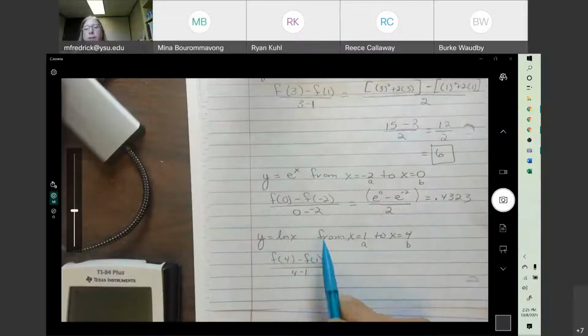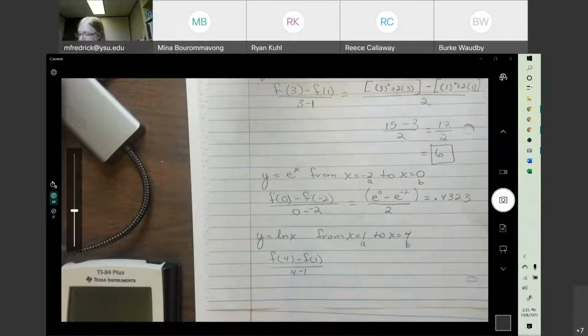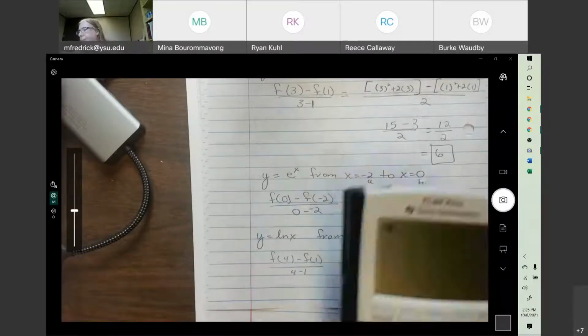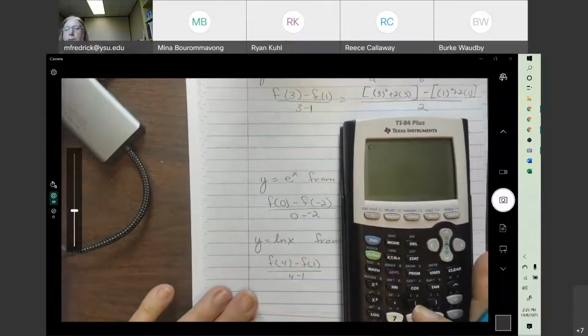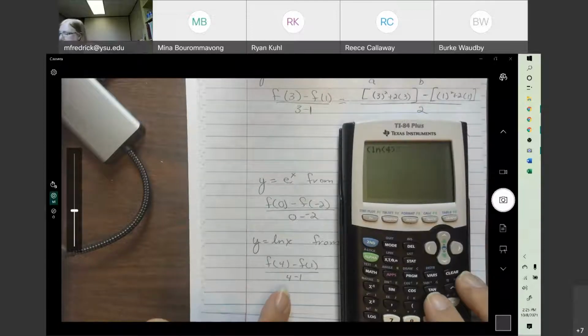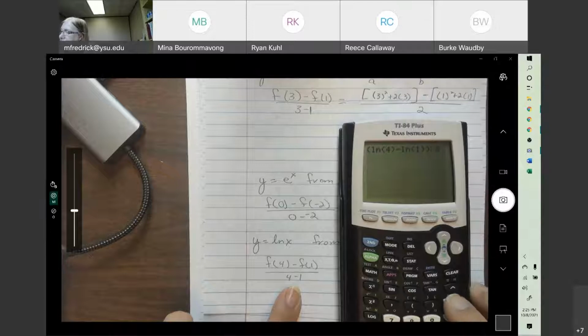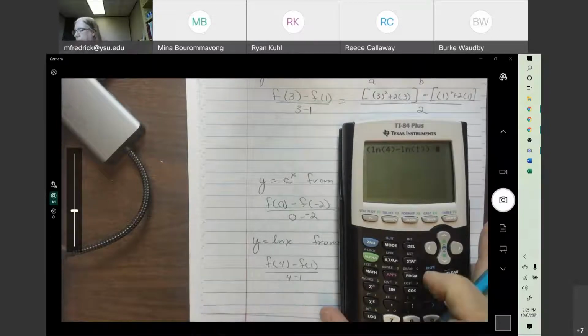The natural log is where the X button was, same button. The natural log of 4, oops, I didn't hit natural log. Natural log of 4, then you have to close your parenthesis, minus natural log of 1, close my parenthesis, and then I divide by 3.